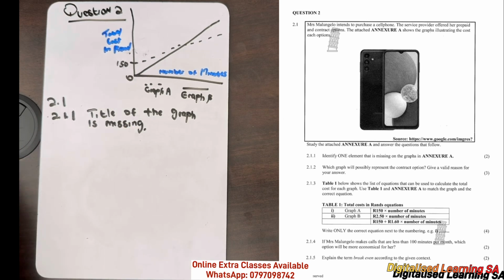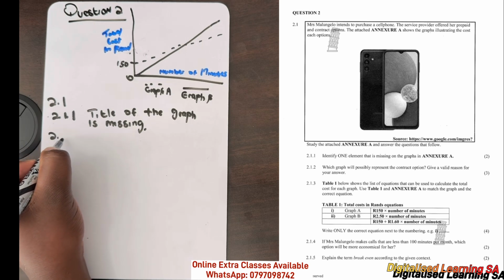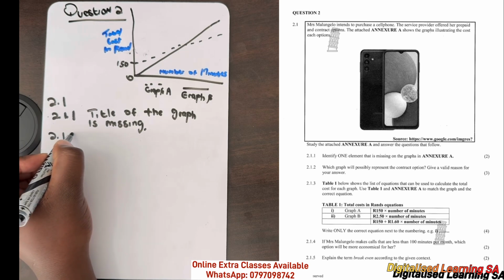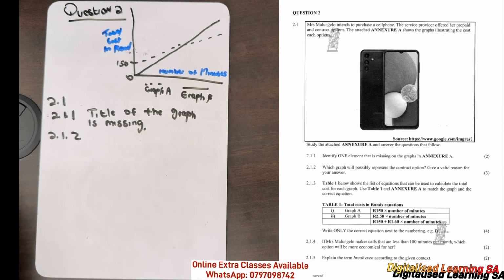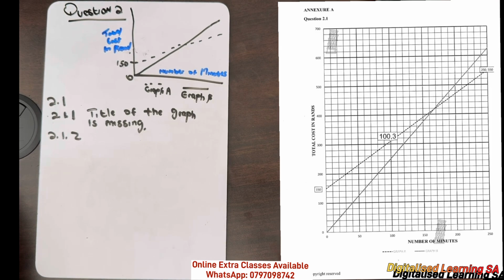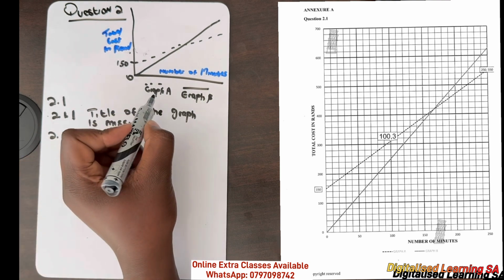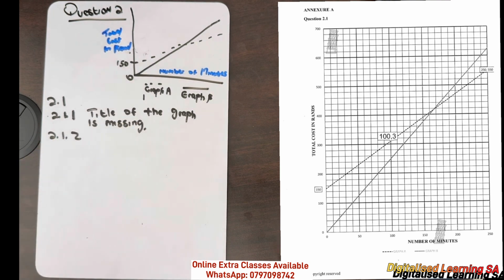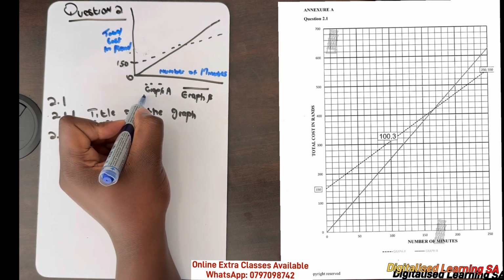Okay, now let's move to question 2.1.2. Question 2.1.2 says: which graph will possibly represent the contract option? Give a valid reason for your answer. I do have graphs here on my board, and on the right hand side I have attached the graph.